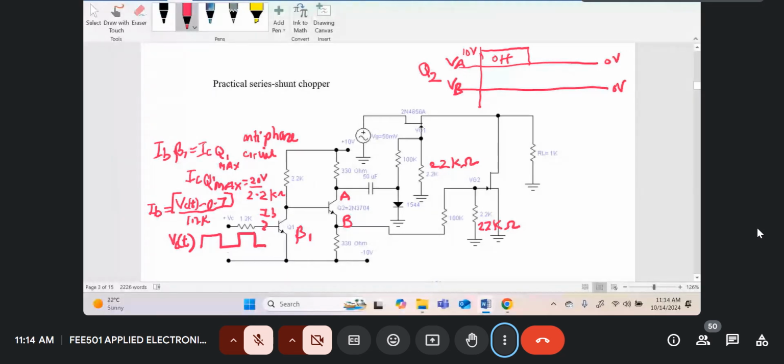For example, if I was to draw the switch here, this is point A, this is point B. When it's off initially, the 330 ohms connected to point A will go to positive 10 volts, and the 330 ohms connected to point B will go to minus 10. So the voltage at B would be minus 10.